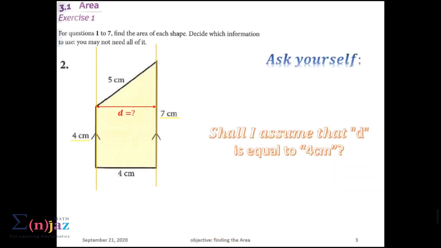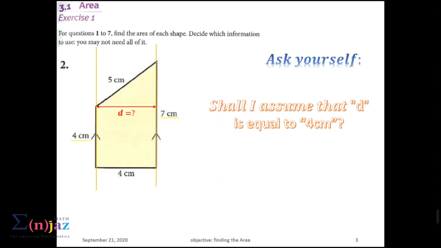So why is D unknown? Shall I assume that D is equal to 4? No assumption in maths. Unless there is information given in the question telling you that this 4 centimeter side is perpendicular to the 7 centimeter side as well as the 4 centimeter side, we cannot assume that it is.